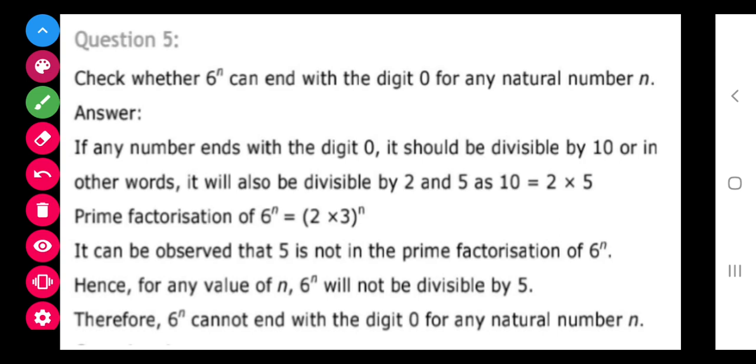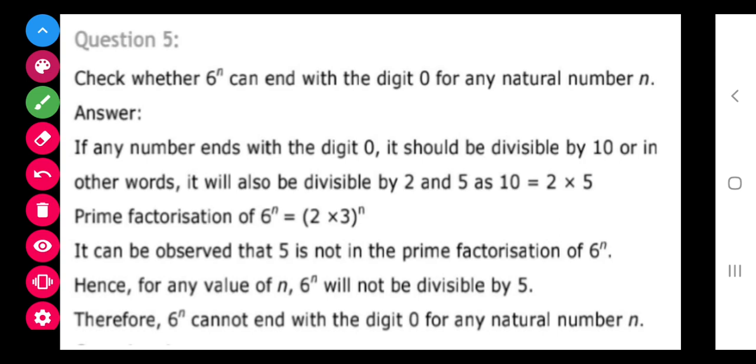So if any number ends with the 0, it should be a multiple of 2 and 5. That is, it should be divisible by 10, or in other words we can say that it will also be divisible by 2 and 5.